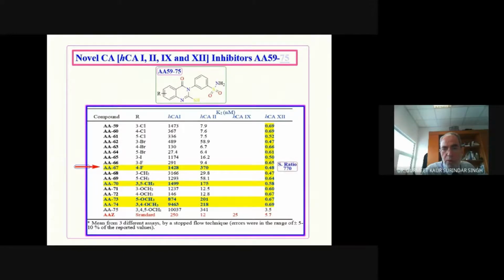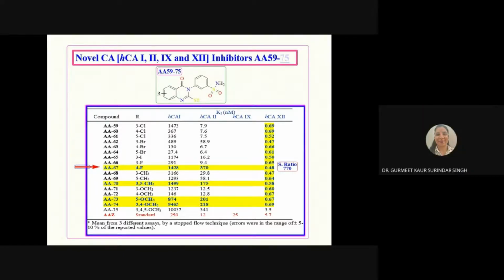The selectivity ratio here is 770, so it is highly specific in comparison between CA2 and CA12. Also compound AA70: for inhibition of CA2, we need 175 compared to 0.58 concentration to inhibit carbonic anhydrase 12. The selectivity ratio here is also about 300.